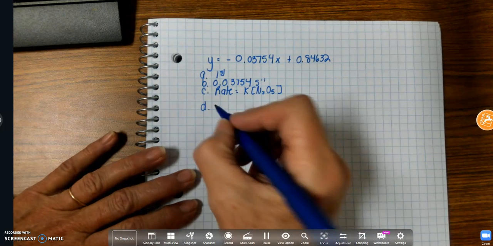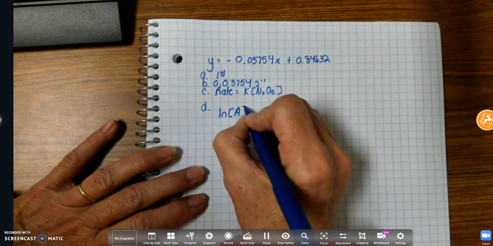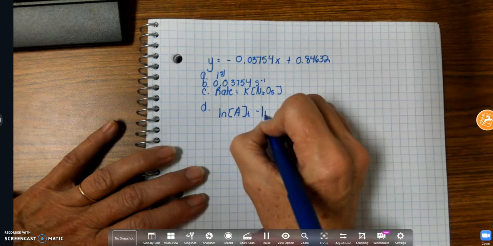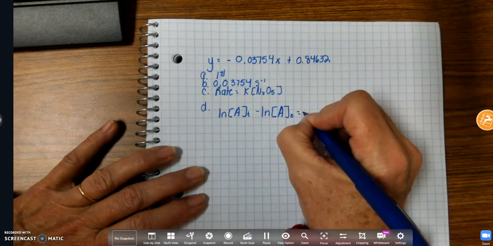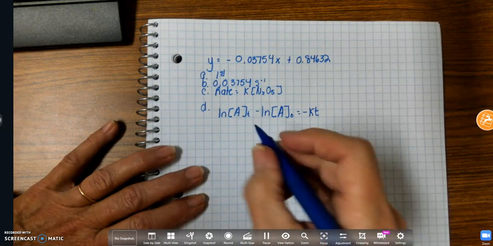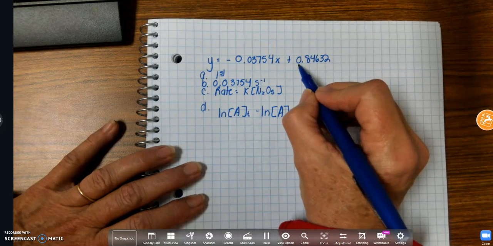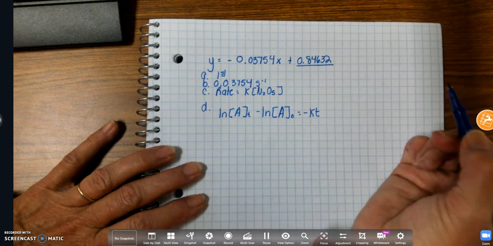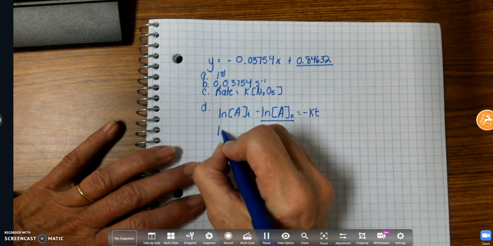All right, so what I'm going to do is use my integrated rate law, because this is my first order integrated rate law. This is just like what we did in our warm-up today. I'm going to go ahead and substitute. If this is my y-intercept, this number is here. So I can substitute, right?